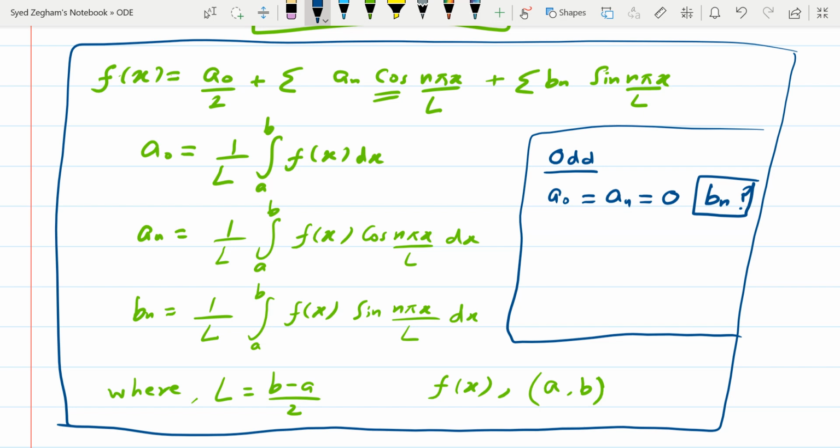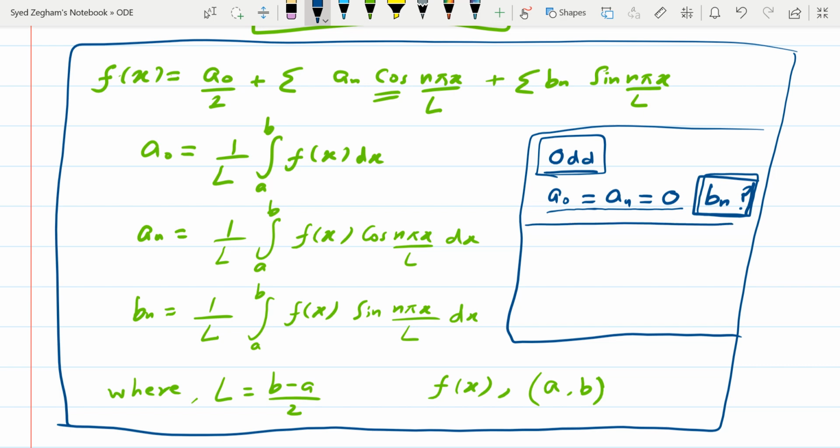So your work will be reduced. There is no need to waste time on finding a naught and a n, because the moment you see that my function is an odd function, directly I will write that I don't need to find a naught, I don't need to find a n, because both of them will be equal to 0. Only I have to find the value of b n, right? So my work is reduced.